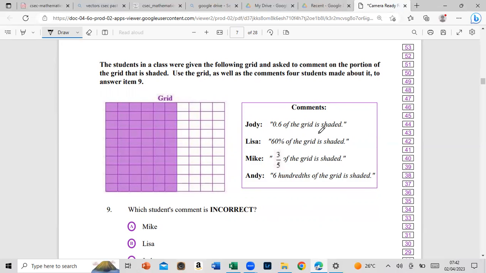Lisa says 60% of the grid is shaded. Is Lisa correct? Mike says 3/5 of the grid is shaded. Is Mike correct? While Andy said 600 of the grid is shaded. Which student is incorrect? Is it Mike, Lisa, Jody, or Andy?